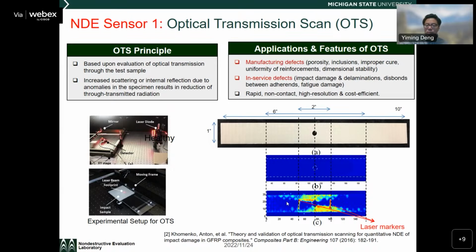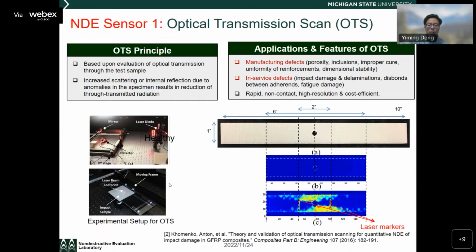Now, let me introduce different NDE sensing methods. For your own practice of multisensory NDE sensory data-based prognosis, you can choose the NDE methods that work for your own problem, but the principle I taught is going to be the same.